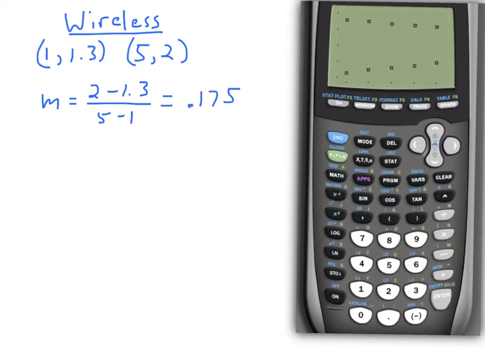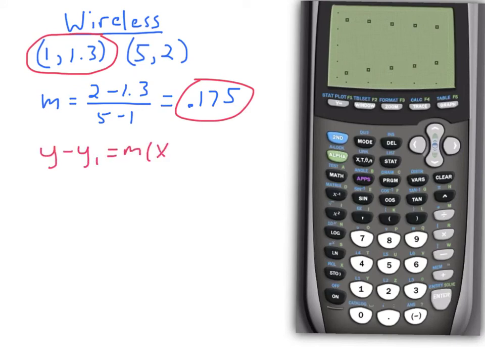And then I'll use this first point right here along with the slope, and then we'll do y minus y1 equals m times x minus x1, which would be y minus 1.3 equals 0.175 times x minus 1, and then we'll distribute.